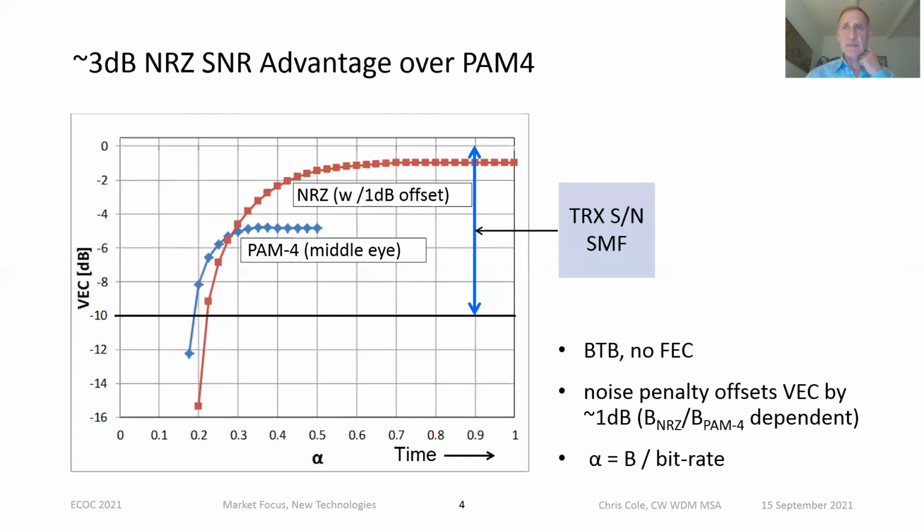And what we see that at the beginning of technology, when the bandwidth is limited, PAM4 and NRZ have similar eye closure, but as the technology improves, the bandwidth goes up, and then NRZ quickly gains about a 3 dB advantage. This includes an offset for the differences in the noise filtering. The other way to view this is that the x-axis is a function of time. So over time, NRZ gains a 3 dB advantage.